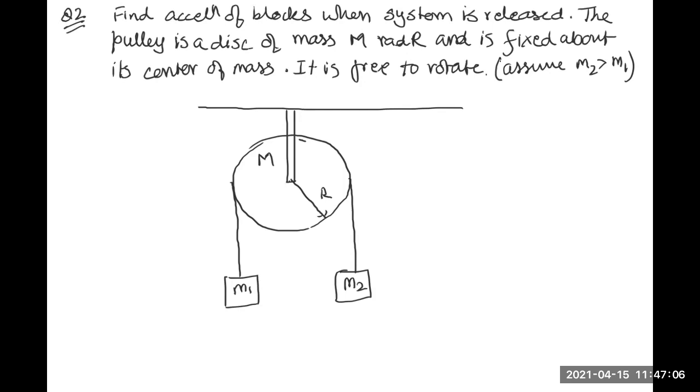So what you need to do is identify the motion of these objects. So for M1, what is happening? Translation is happening. The moment you see translation, everything is the same as before.